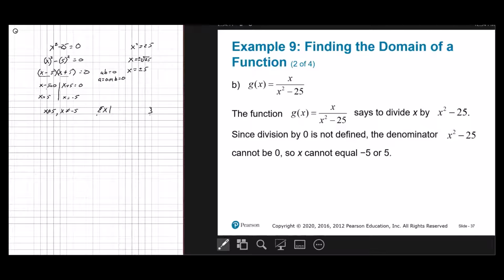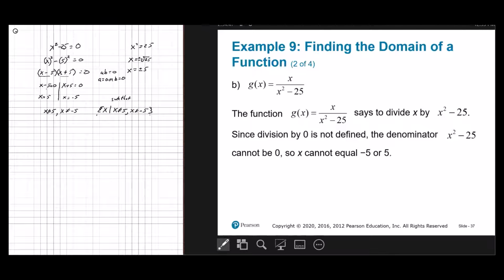And so this part here is x, so we're talking about x being a real number, and this symbol here means the phrase "such that." So this is a set of all real numbers x such that, and then I have a condition that has to be true, and the condition is that x cannot be 5 and x cannot be negative 5.